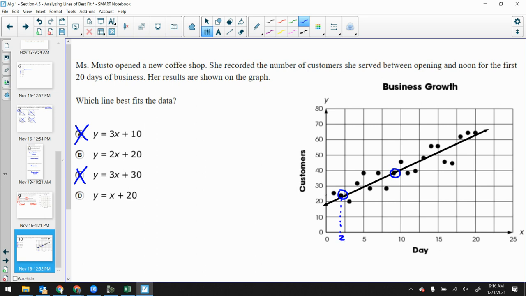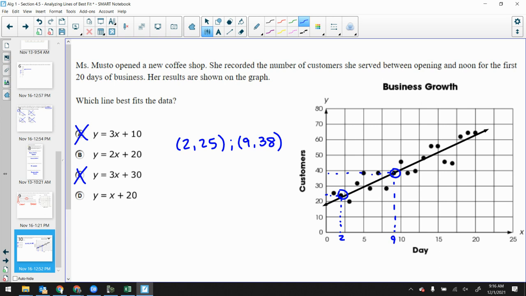So this is 2 comma, let's make that 25. And then let's say this looks like it's 9 comma 38. We are just estimating, and that's totally okay. We're trying to figure out whether the slope is going to be 2 or 1.